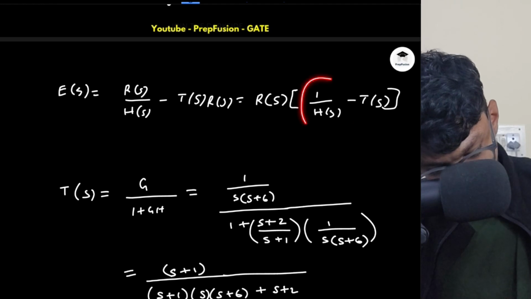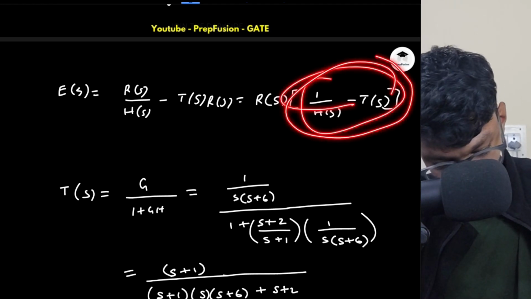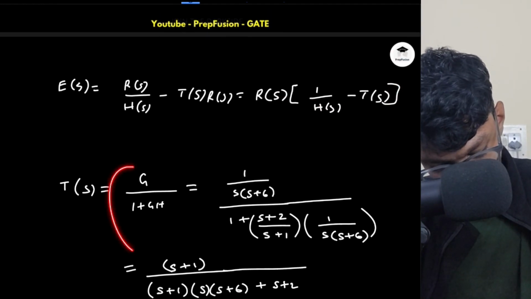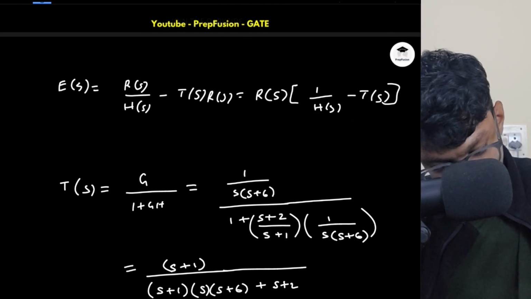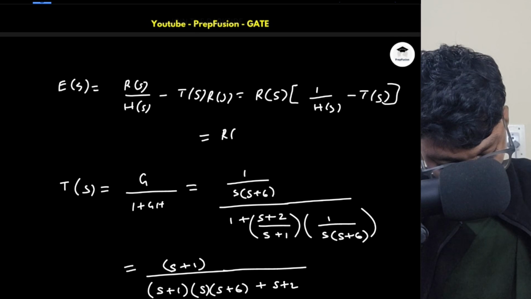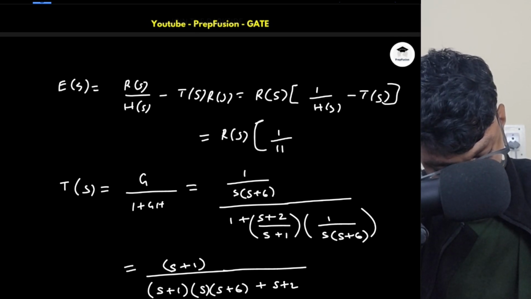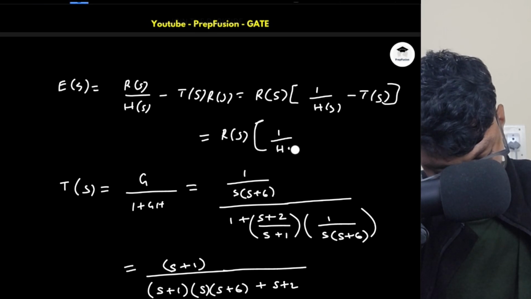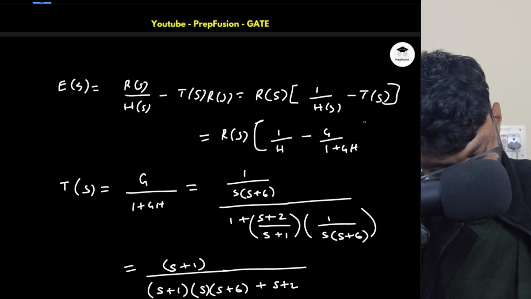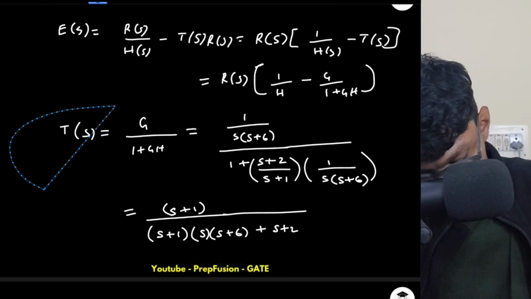What we could have done, we could have directly calculated this expression instead of doing all this. So this will be equal to R(s) into 1 by H(s) minus G by 1 plus GH.